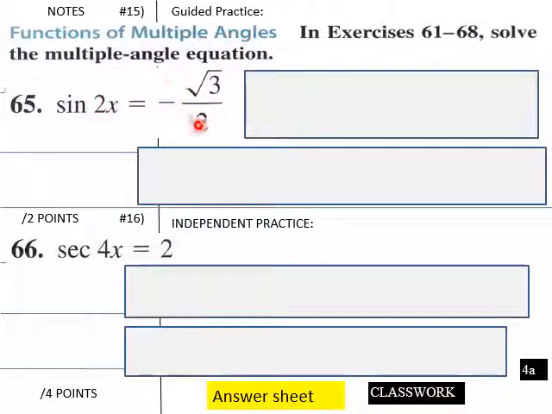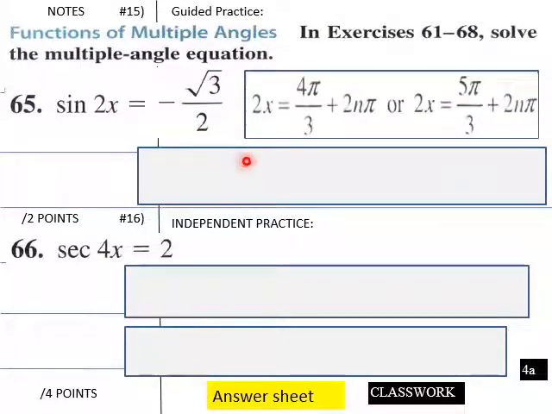So let's try one now. Solve these multiple angle equations. Sine 2x equals the negative of square root of 3 over 2. So 2x equals 4 pi over 3. We know that sine equals the negative of square root of 3 over 2.